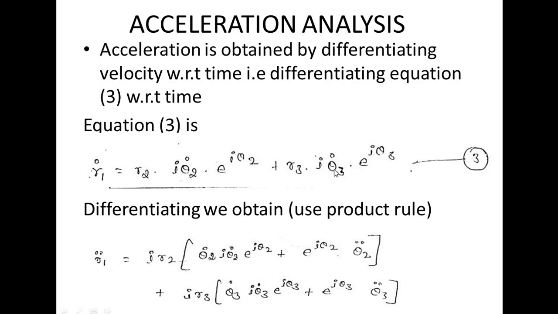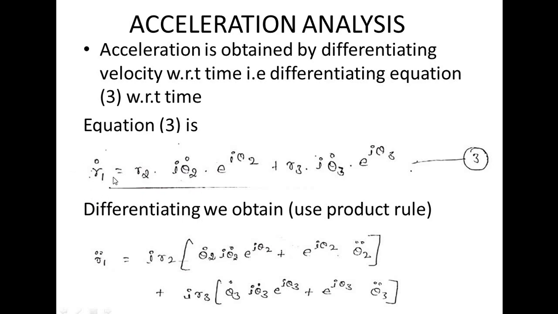So theta 3 dot we keep as it is, and the differentiation of e to the power of i theta 3 is i theta 3 dot into e to the power of i theta 3, plus, keeping this term as it is, we differentiate the first term: e to the power of i theta 3 into theta 3 double dot. Like this we obtain the differentiation of the velocity equation.